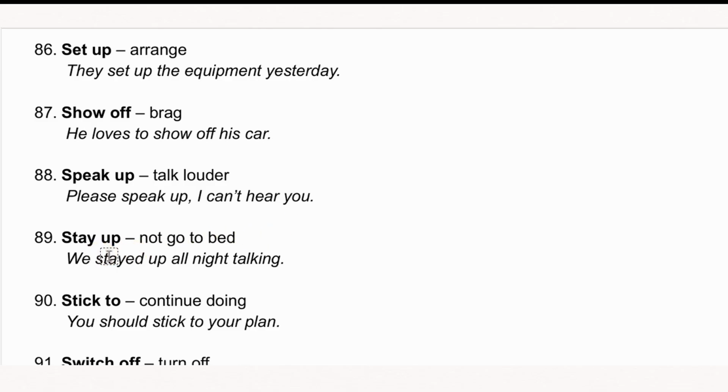Stay up. Now, to stay up means not go to bed. For example, we stayed up all night talking, means we didn't sleep, we didn't go to bed. These are the words that you should start using. Or I stayed up all night chatting.